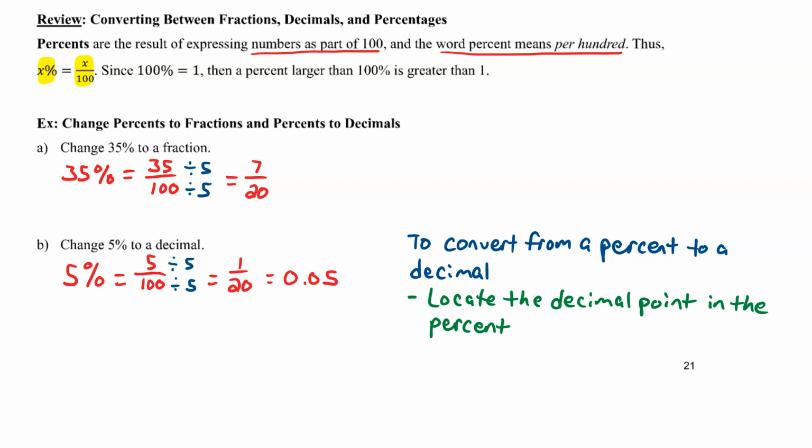What I mean by that is, if we take this example, we look at 5%. There's no decimal that we can clearly see anywhere, but it's understood that the decimal point is sitting right behind the 5. So we identify that: we have 5 and our decimal point is right behind it. Once we do that, then we move the decimal 2 places to the left.